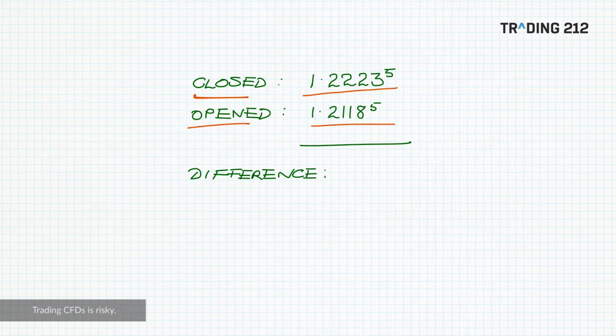And our opening level was 1.21185. So if we subtract the opening level from the closing level, we can work out a number of pips that we made. We know how much we should have been making for each pip, and therefore we can work out our profit. So if we look at these numbers, these 5s, we subtract 5 from 5, which just gives us 0, so we can ignore that. If we put a line down here, we know that 1.2 subtracted from 1.2 is going to be 0, so we can ignore that.